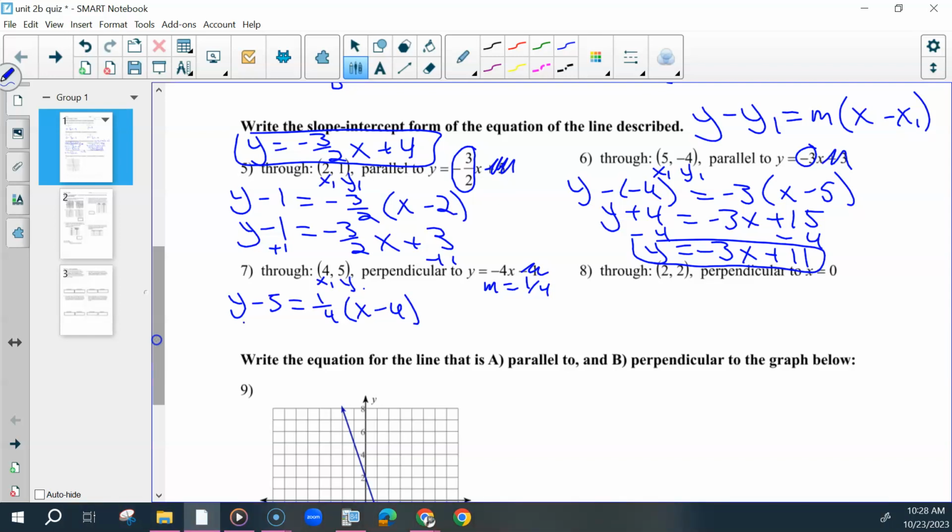And then distribute. We have y minus 5 equals 1/4 x minus 1. And then add 5 to both sides. So y equals 1/4 x plus 4 should have been that answer. Questions on that one?